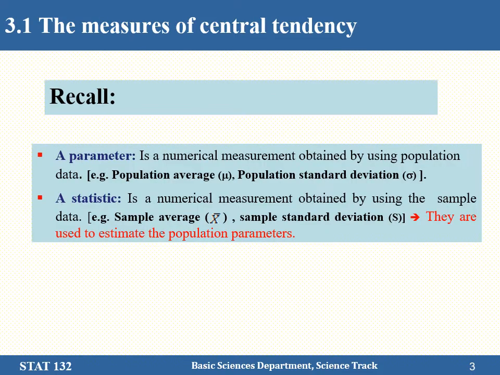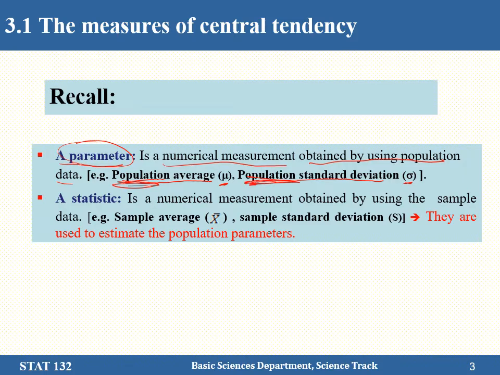Now, first, let's start with a recall. A parameter is a numerical measurement obtained by using the population data. So, for example, like population average, we call it mu, population standard deviation like sigma. So all these are parameters because they are coming from the population.